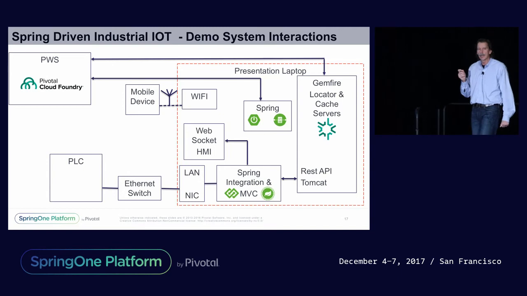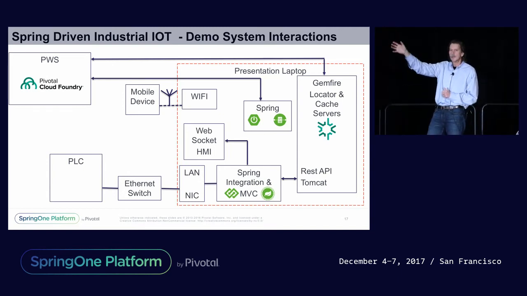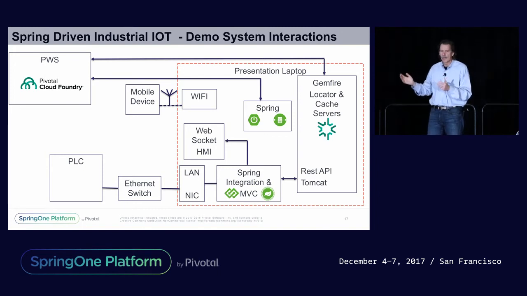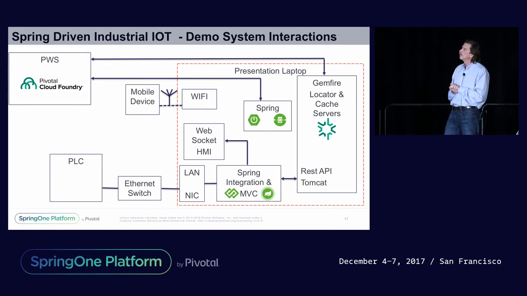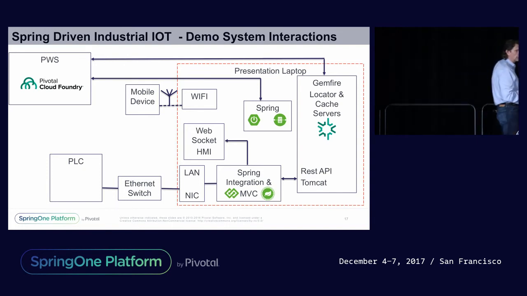Now the enterprise will access the data by coming from something like Pivotal Cloud Foundry or PWS, AWS, whatever cloud you want to use. You can access the data in GemFire using a RESTful interface.